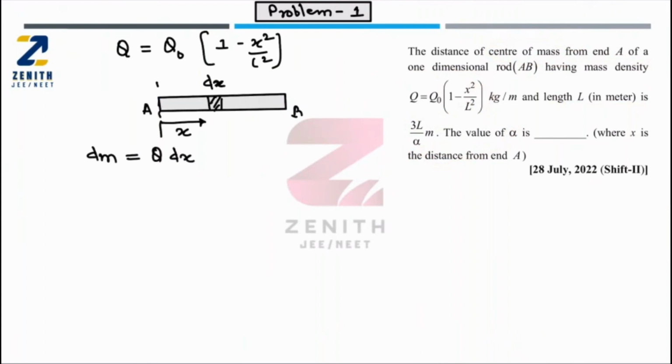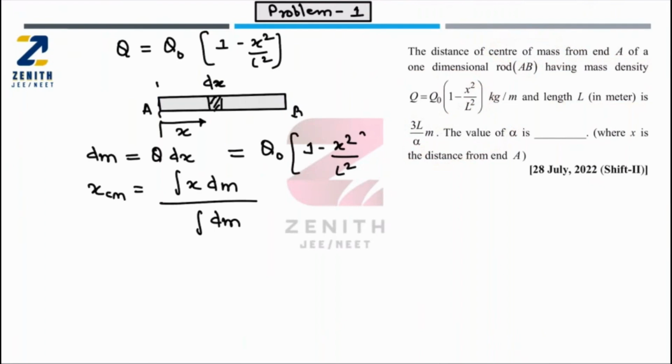So q into dx. The x center of mass, if you calculate, is x into dm divided by the integration of dm. Fine. So dm, you already know, is q into dx, which is nothing but q naught times 1 minus x square by L square, dx. Now you have to integrate. From where to where?